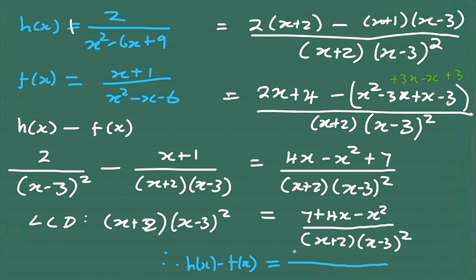So this is going to be 7 plus 4x minus x squared, all divided by x plus 2 times x minus 3 all squared. So that will be the value of h of x minus f of x.